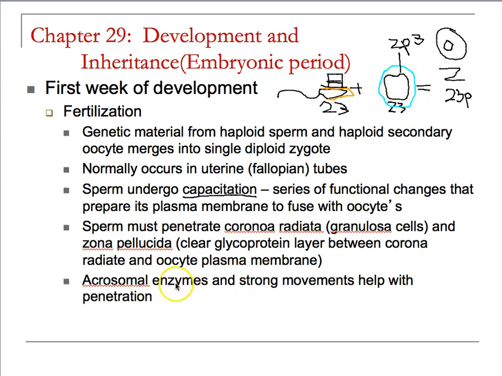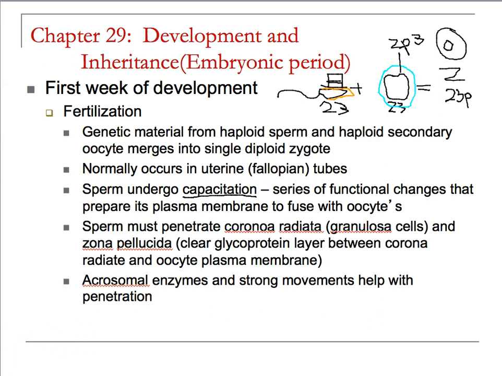It's the acrosomal enzymes and strong movements, meaning the flagellar tail, pushing the spermatocyte into the secondary oocyte. If you remember properly, by the time you finish Chapter 28, you have a secondary oocyte that is arrested before the end of meiosis II. So you can imagine a series of chromosomes aligned along the metaphase or anaphase structure.